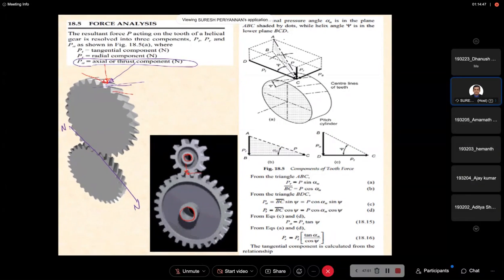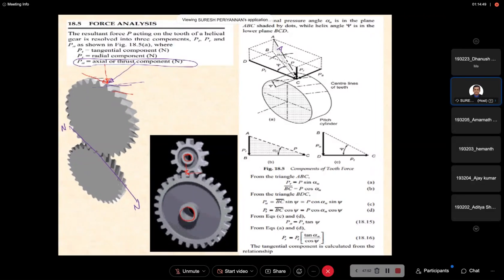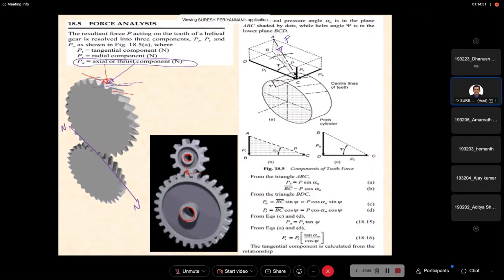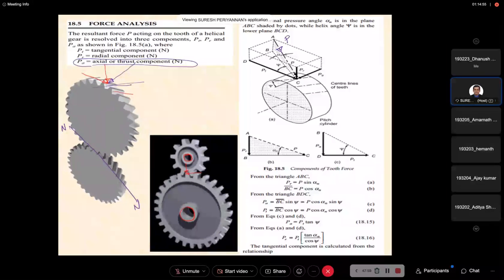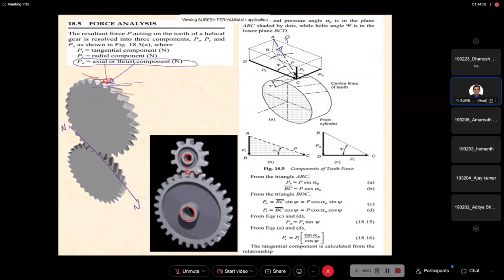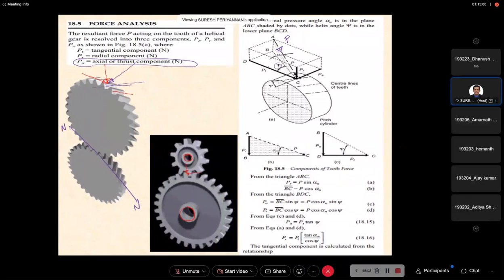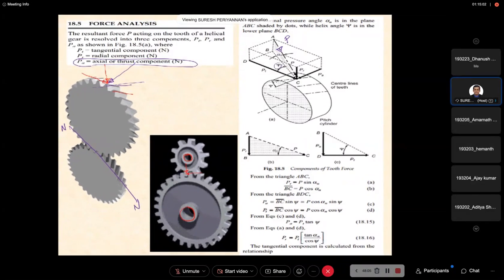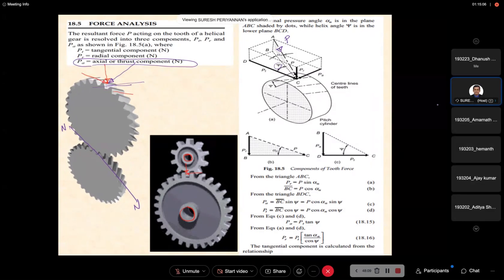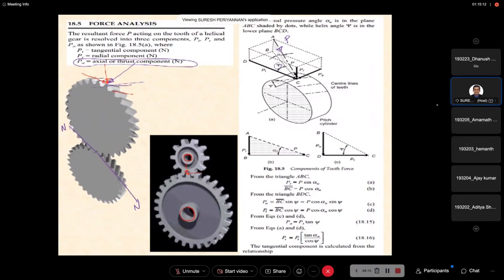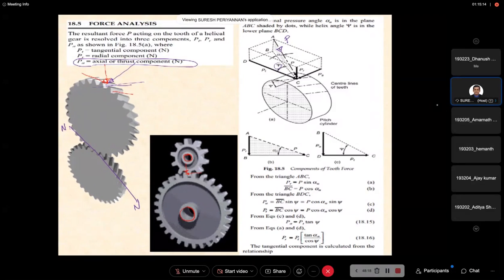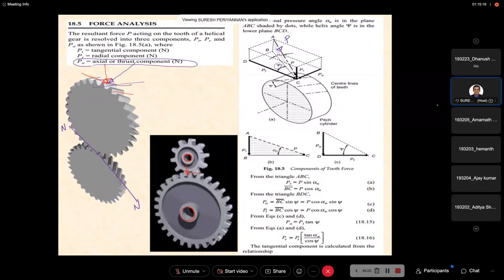This is our resultant force. This angle is our helix angle. From this diagram, we are able to find out PT in terms of P, or the axial thrust or axial force component in terms of PT.